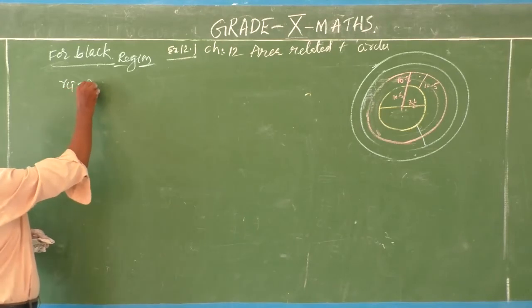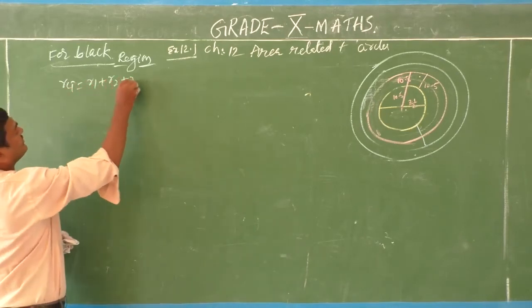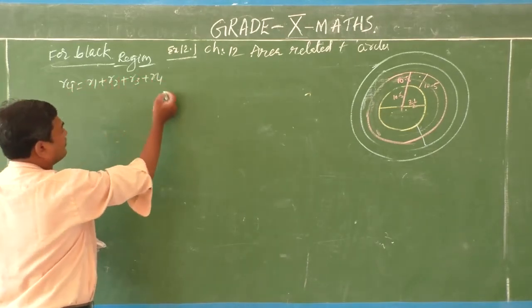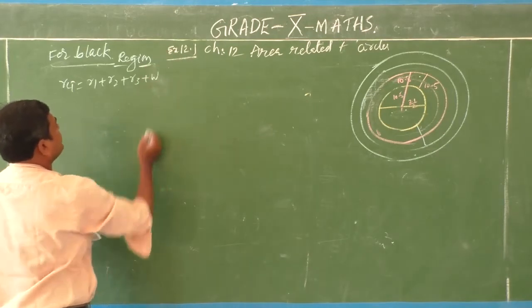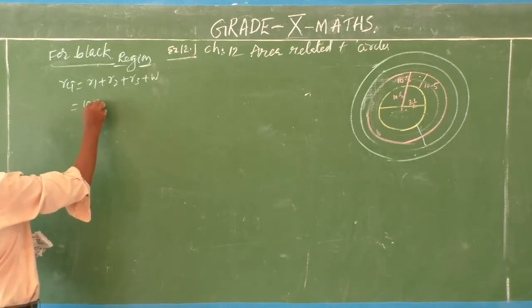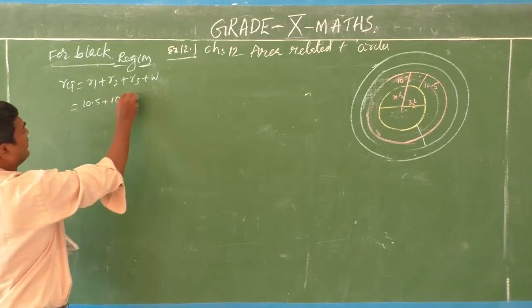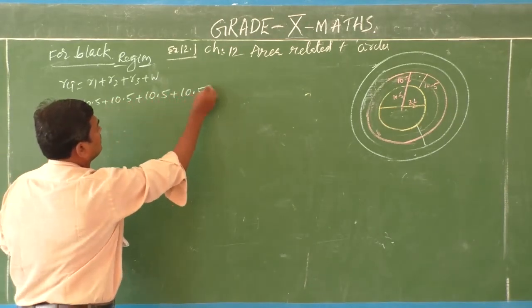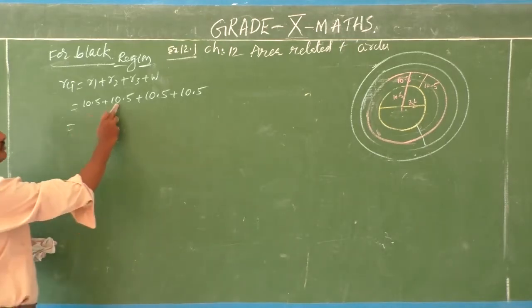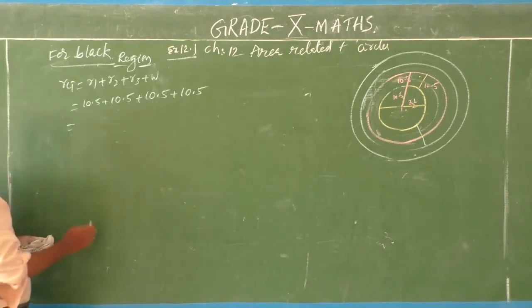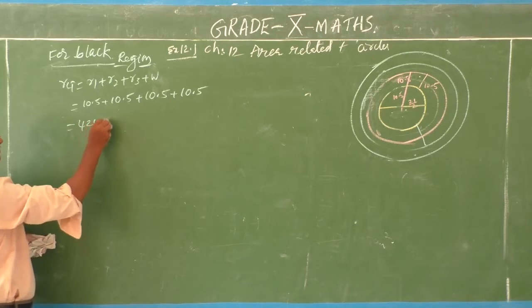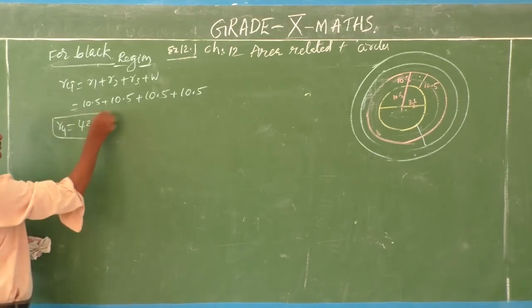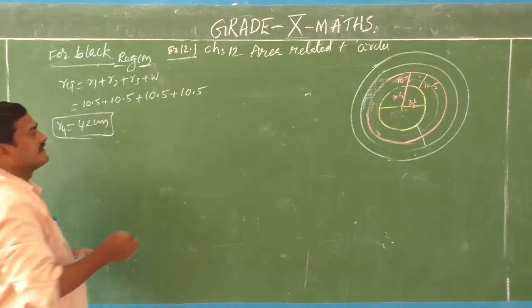R4 equal to R1 plus R2 plus R3 plus width, that equal to 10.5 plus 10.5 plus 10.5 plus width 10.5, that equal to 42 centimeter. R4 equal to 42 centimeter.